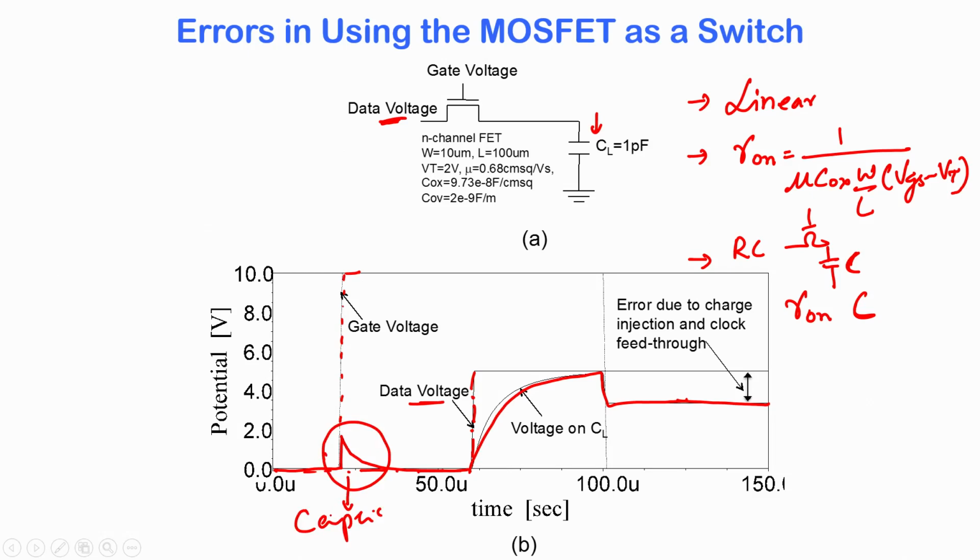Then the moment the data voltage turns on, the capacitor starts acquiring charge, it starts charging up to the data voltage. We have already seen the RC time constant for this, and then the gate voltage turns off here.